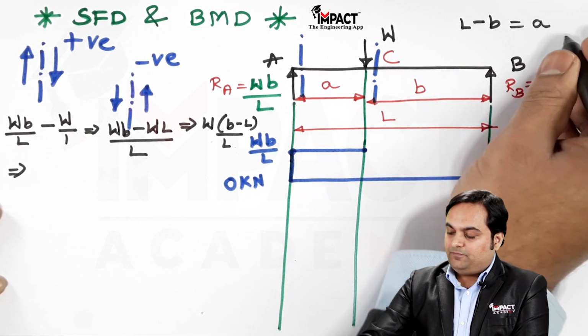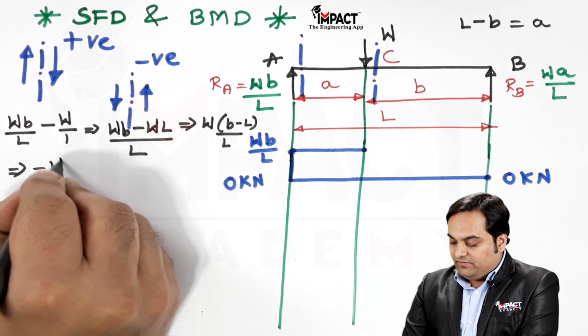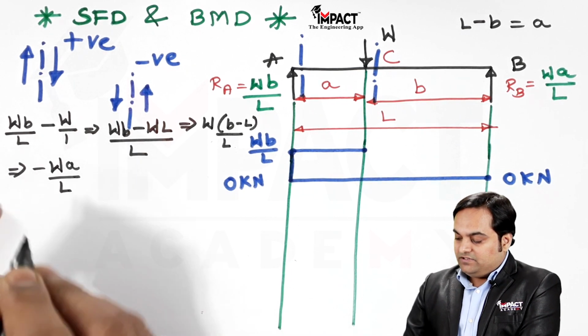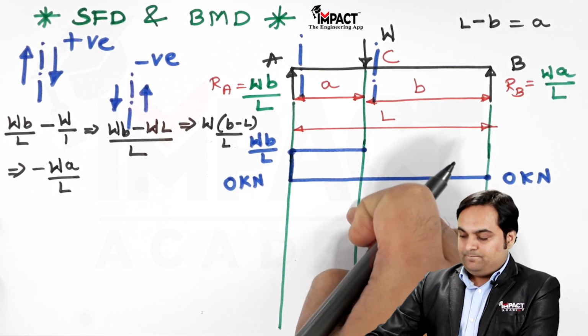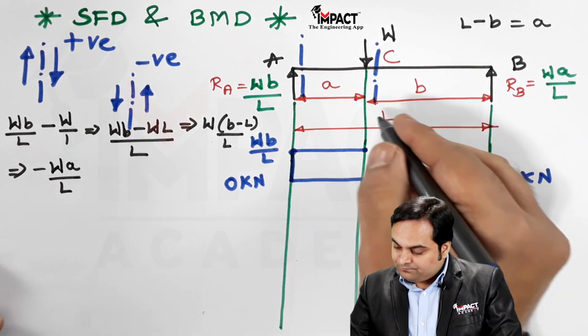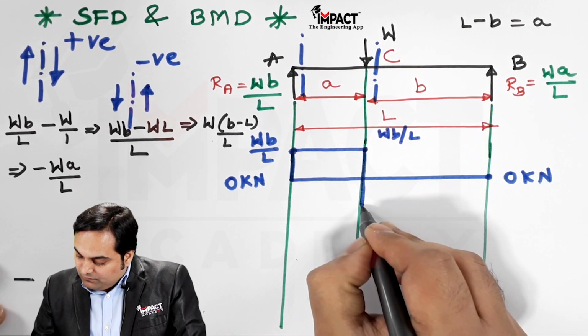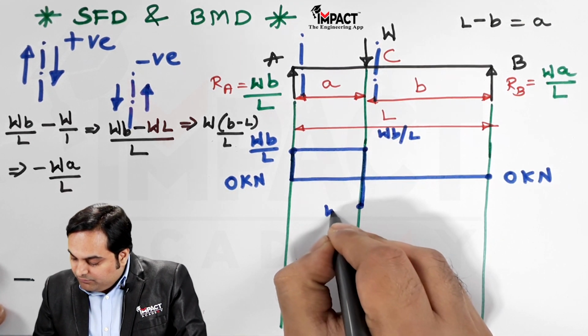So if L minus b is equal to a, then b minus L would be minus a. So we have minus Wa by L. That is the amount of shear force which is acting at point C. So from Wb by L, it goes into the negative region, having a value of Wa by L.